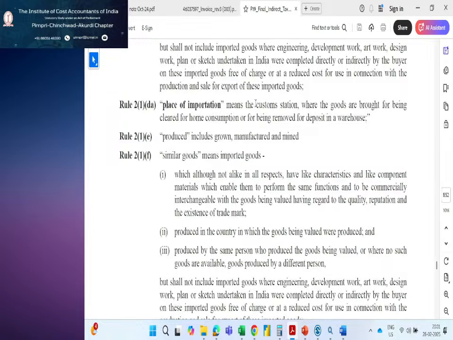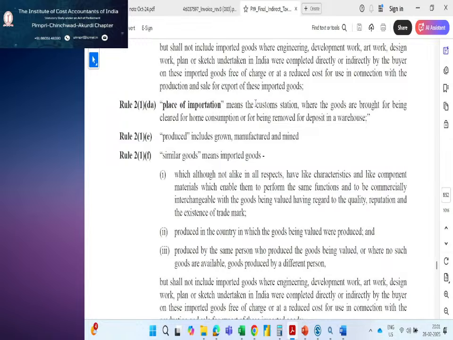Goods are brought for being cleared for home consumption or for being removed for deposit in a warehouse. So what I ordered from US has been received in the Mumbai port. So that is the customs station. The goods have been brought. So now I have to clear that.